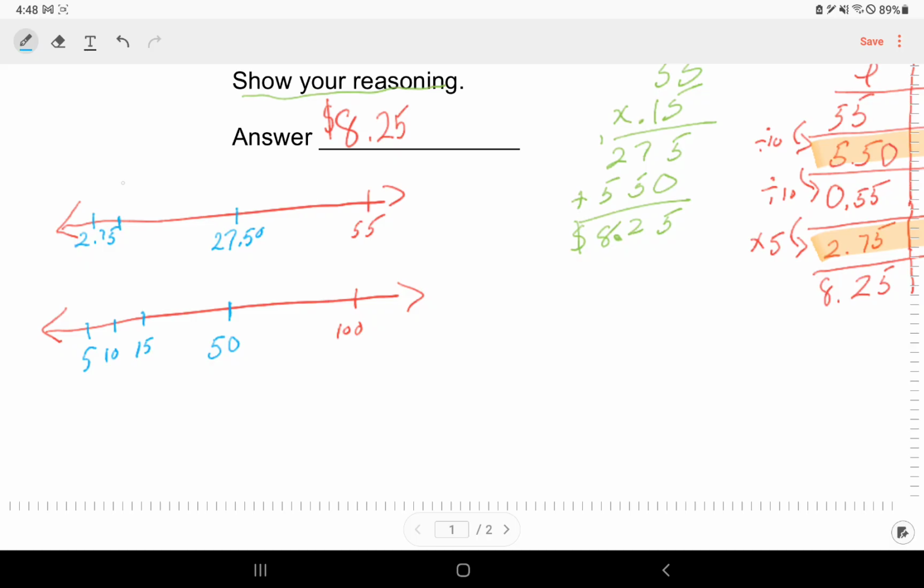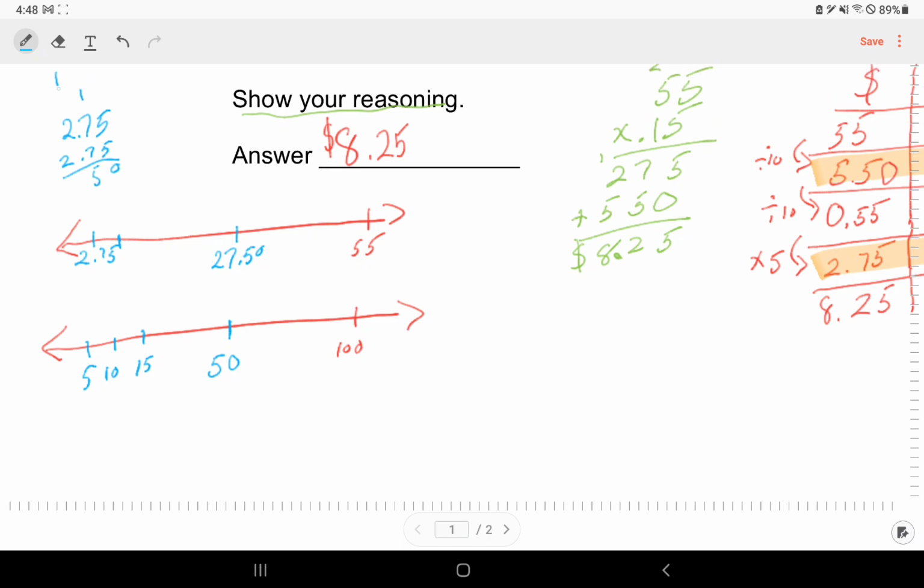Well, 275 and 275. Well, that's 0, carry 1. 14, 15, carry 1. And so that's 550. And then 550 plus 275 is 825. And so there we did it with a double number line.